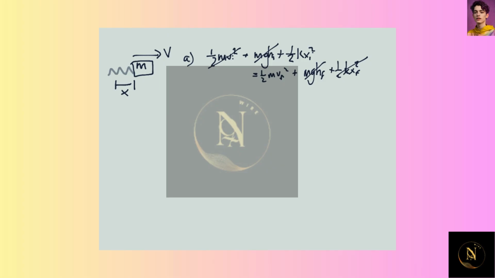So what we end up with is the equation 1/2 kx squared is equal to 1/2 mv squared. And now we can rearrange that to figure out what v is equal to. We can get rid of these halves right here, divide both sides by m, and we end up with v squared equal to kx squared divided by m.